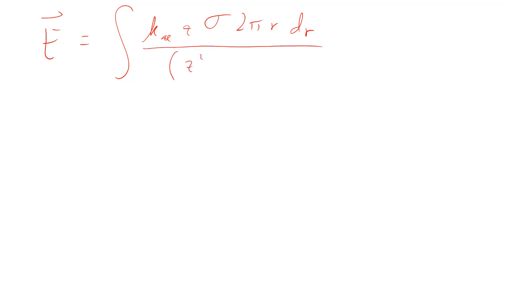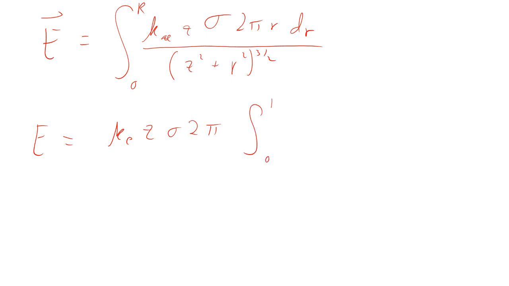So if we put that in, this is now going to be the integral of k sub e z sigma 2 pi r dr divided by z squared plus r squared to the 3/2, integrated from 0 to R. The nice thing about this is that a lot of this stuff, k sub e, the z, the sigma, the 2 pi, all of that is constant and it comes out of the integral.